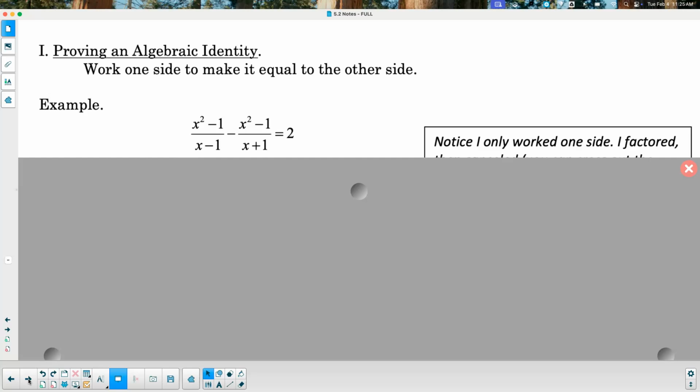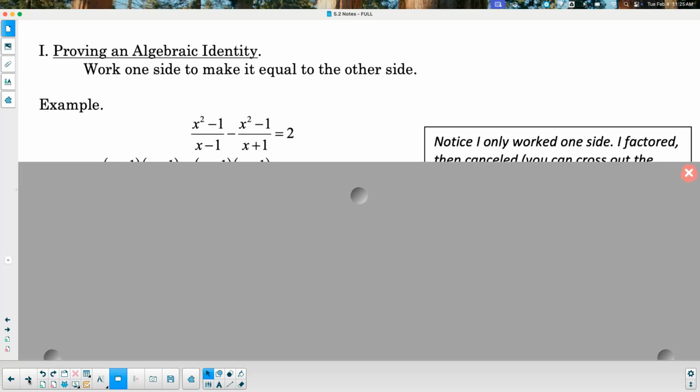That's the side you want to start with, because the uglier and scarier it is, the more you can do with it. If I'm looking at this one, I can do a lot of mathematical stuff with the left side. I can't do a lot with just 2. So let's work the left side here.